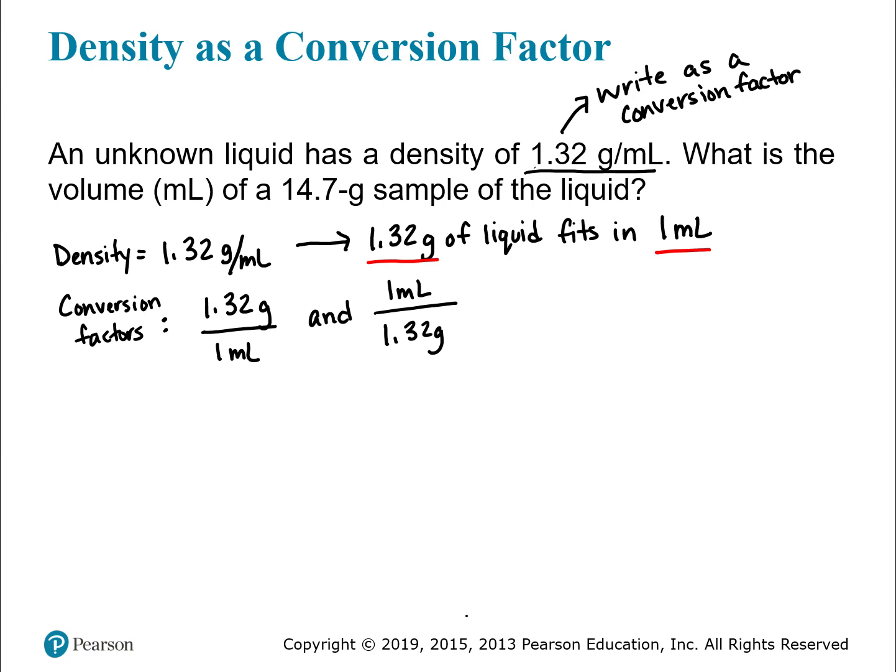So we've got our conversion factors, and we need to do the actual math. Let's set up the equation. Starting with 14.7 grams, I need to use one of these conversion factors. A or B?